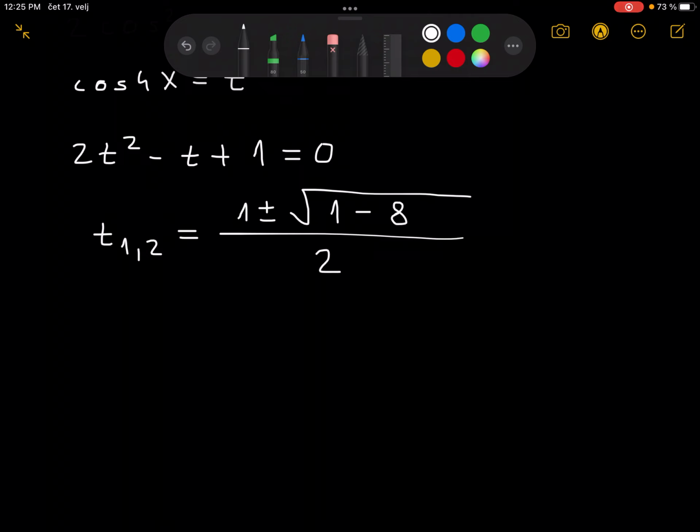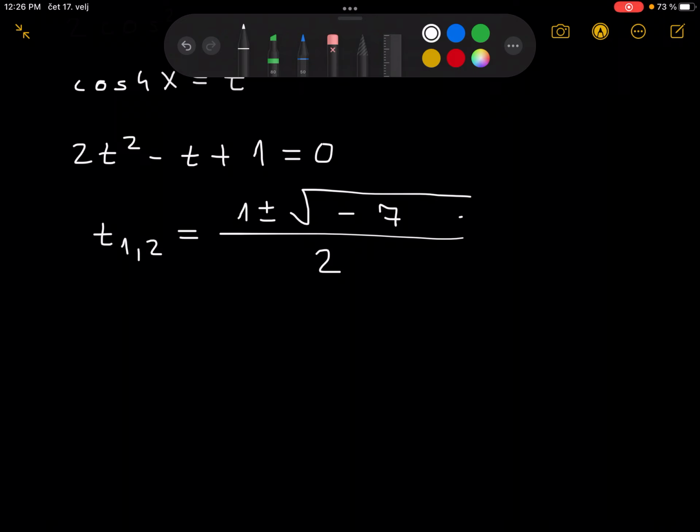Since 1 minus 8 is just the same as negative 7, this already proves that this equation does not have any real solutions. Okay, and if this equation doesn't have any real solutions, the original equation can't have any real solutions as well. So this is our final answer.